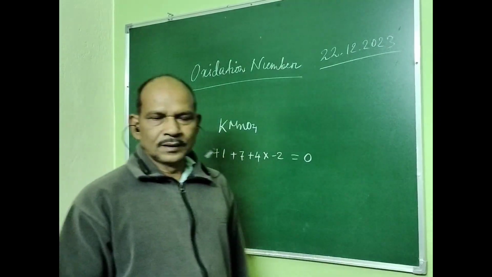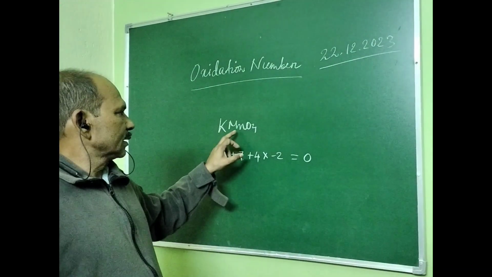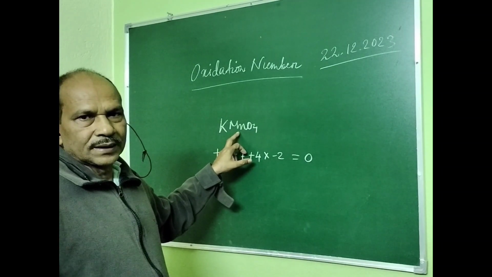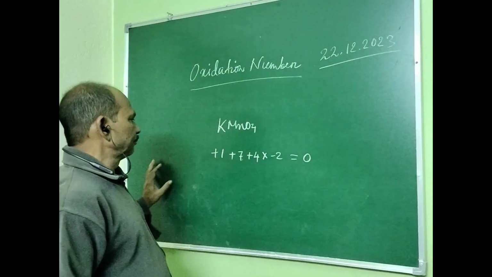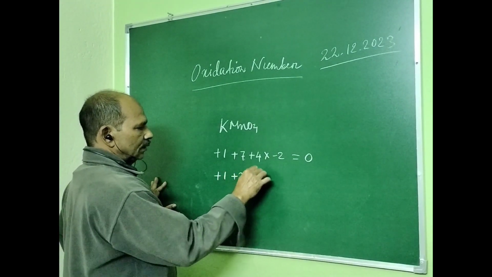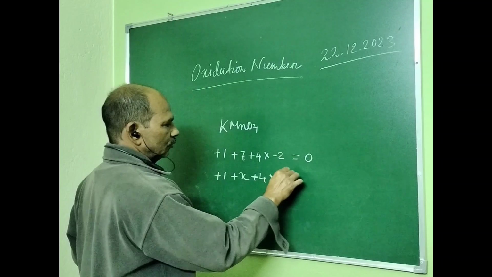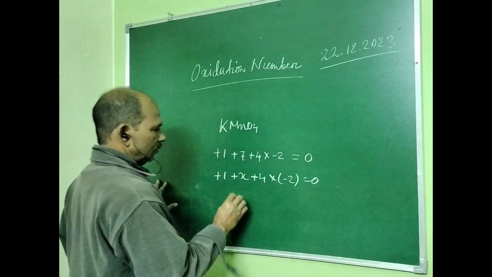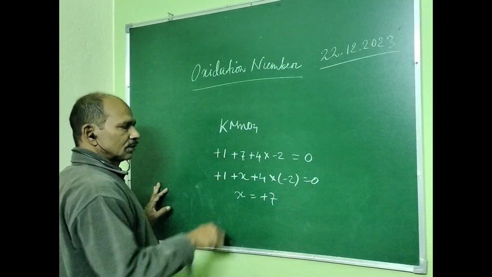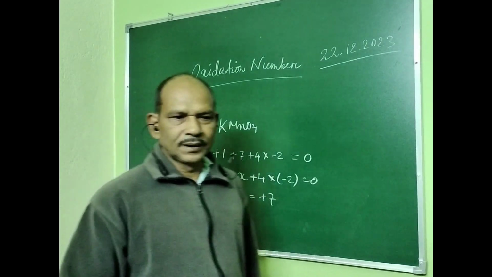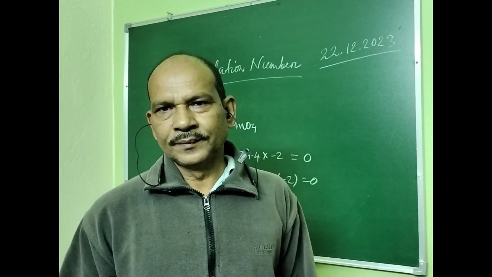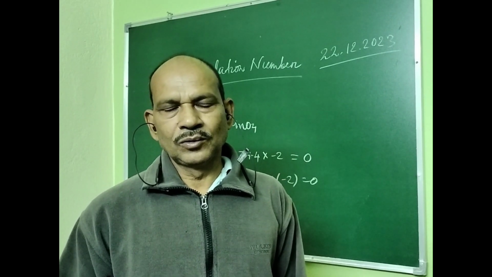So if you try to determine the oxidation number of manganese, suppose the oxidation number of manganese is X, in this case +1 plus X plus 4 into -2 equals 0, then X equals +7. In this process, we can determine the oxidation number of the element which is not known to us.